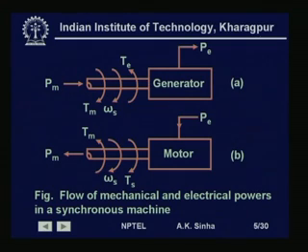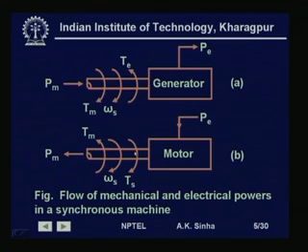So, for generator system, we consider this Pm and Pe, and similarly Tm and T, as positive, whereas in case of motor they all will have negative sign.